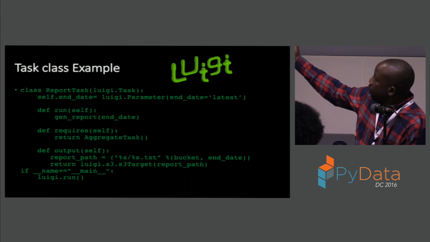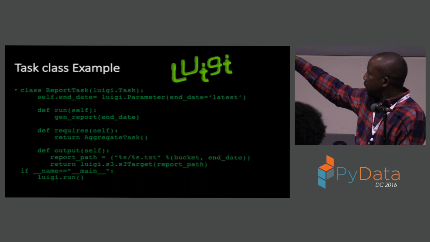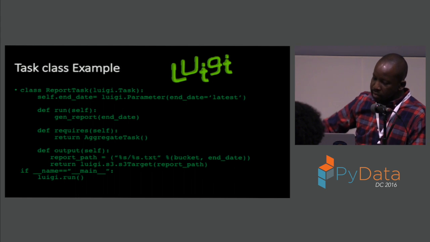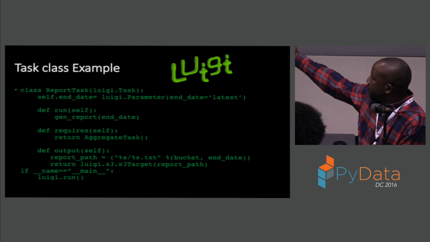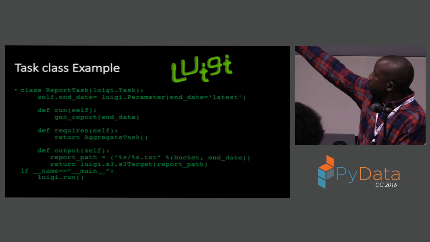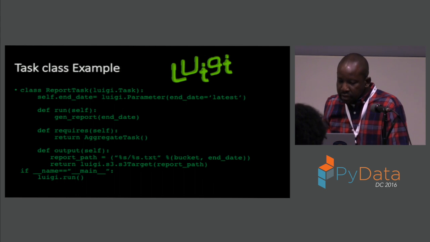And if you remember, the prior task to the report task was our aggregation. The aggregate task would be defined elsewhere in a similar manner to the report task, where we subclass Luigi.task.